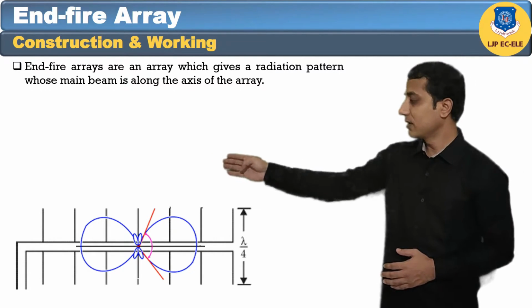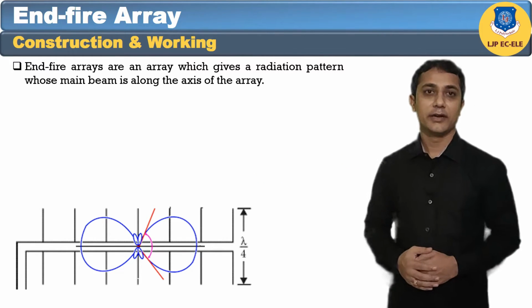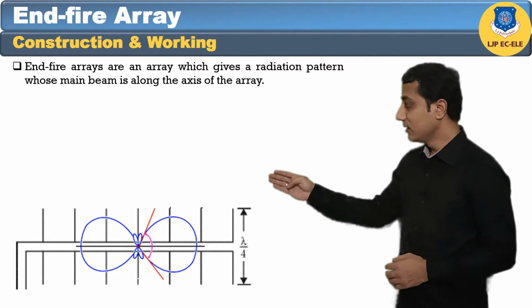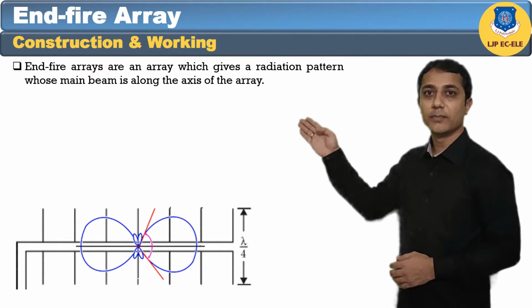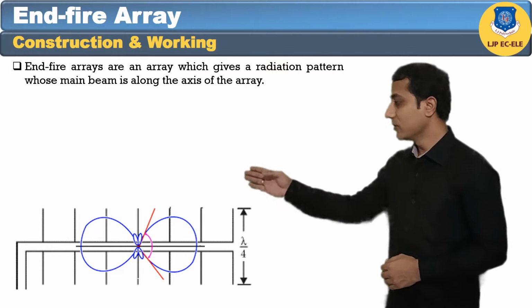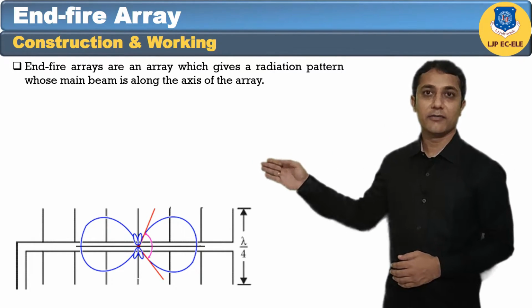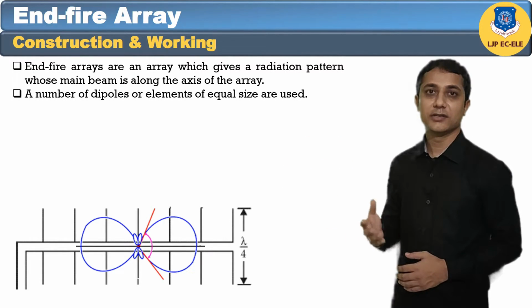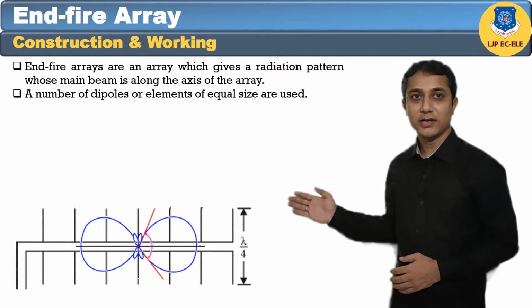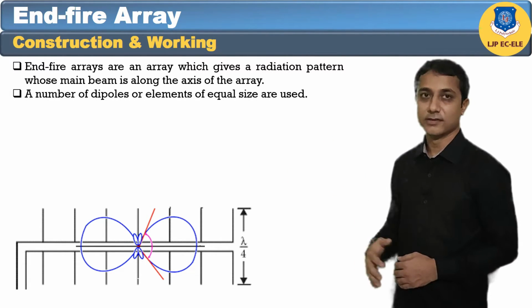So here the connection showing the difference between the broadside array and the end fire array. There is no radiation at the right angle to the plane of array because of the cancellations. The first and third elements are out of phase and therefore cancel each other's radiation pattern. Similarly, second and fourth are out of phase to get cancelled.